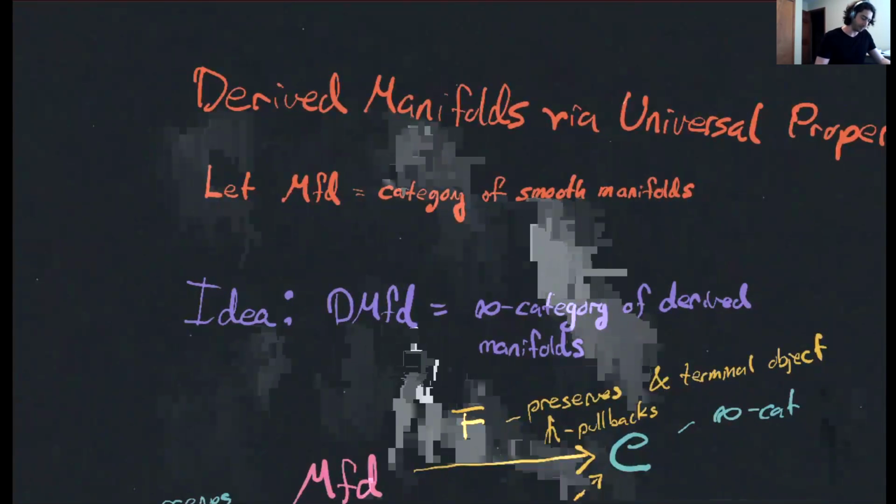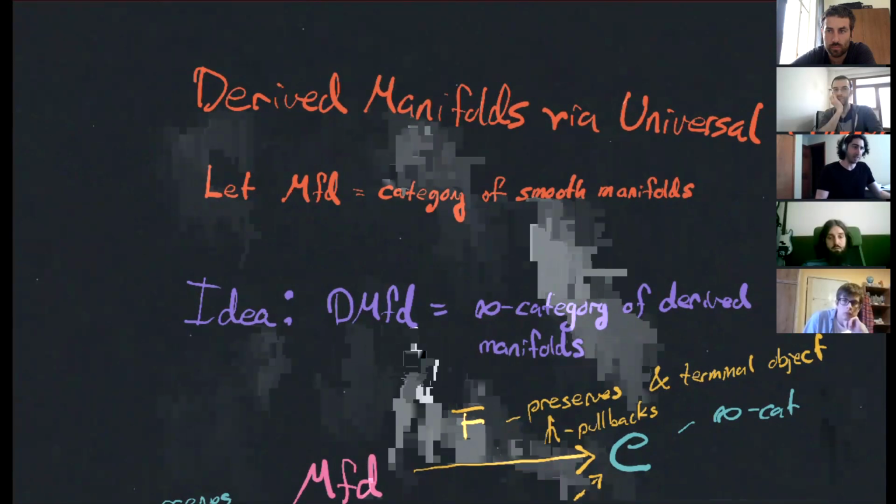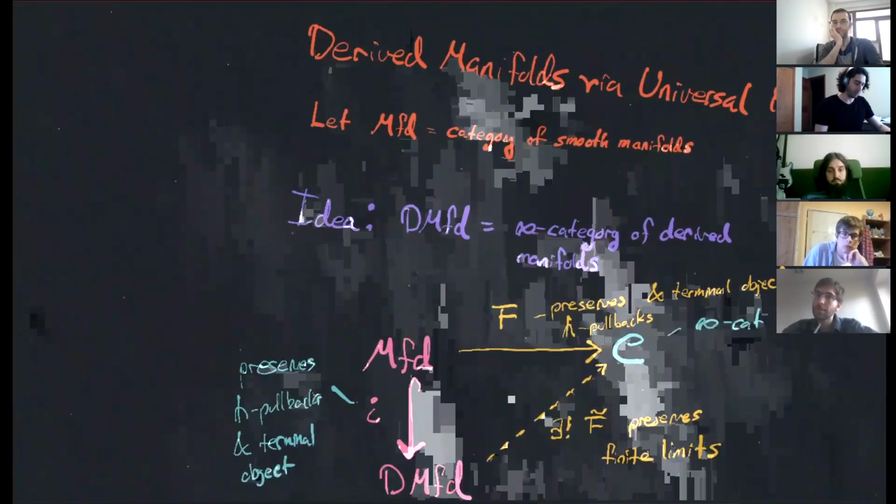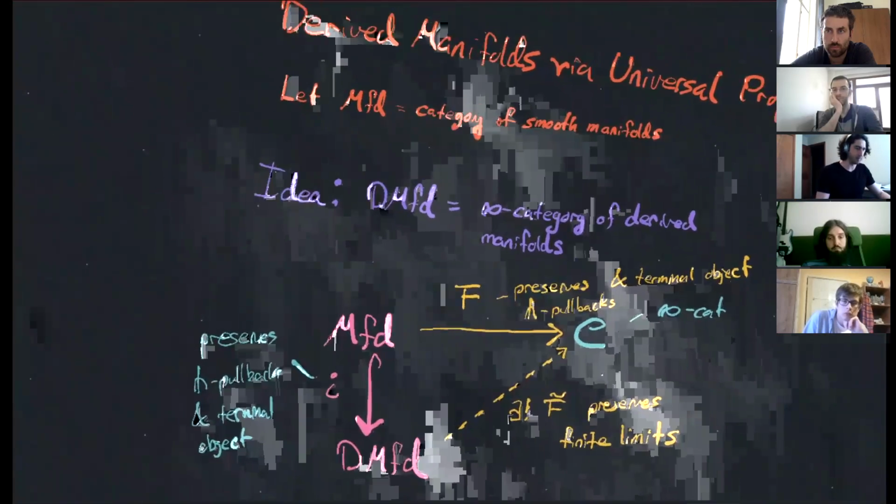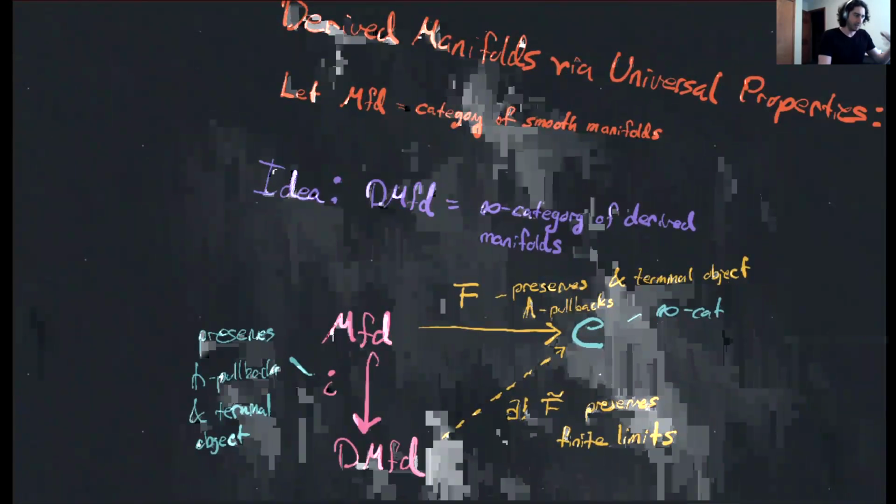So we have this infinity category of derived manifolds. I didn't say what it is. I'm just saying, suppose there existed one, and roughly the idea is we want this universal property, but then I'll give you a slightly better one. But first of all, we want the inclusion of manifolds into derived manifolds to preserve transverse pullbacks.